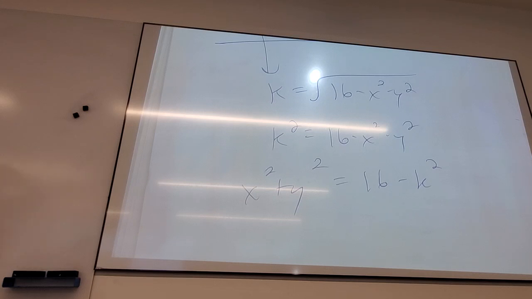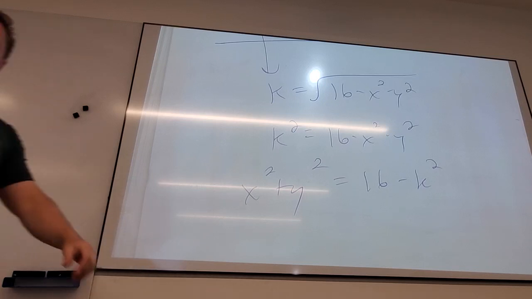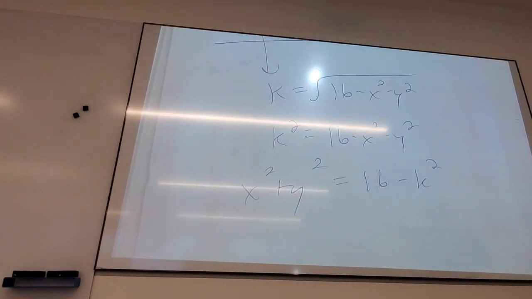For a given k, if k is 0, where am I physically? The xy plane. Is everybody with me? If k is 0, I'm at a height of 0, in the xy plane. What is the level curve at k equals 0? A circle of radius 4. Is everybody with me?